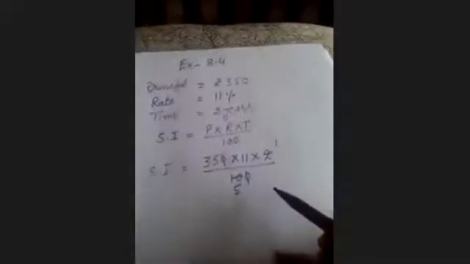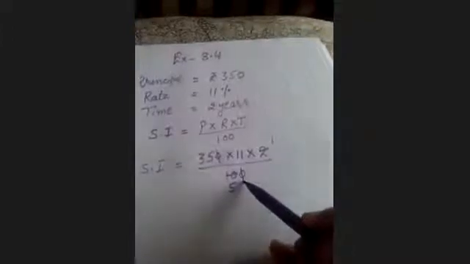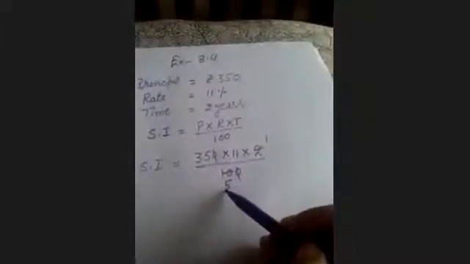Now students, solve this part. 0 and 0 cancel. 2, 1 are 2 and 2, 5 are 10.